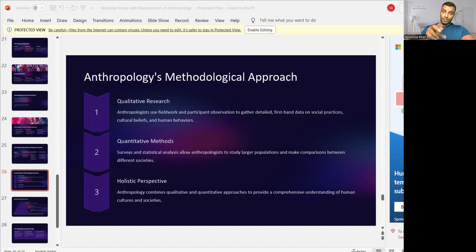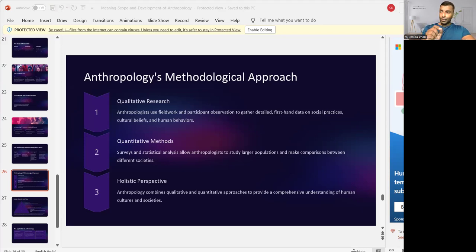They immerse themselves in the communities they study. With that immersive approach, anthropologists get detailed first-hand data on social practices, cultural beliefs, and human behaviors: what they do, how they do it, why they do certain practices, and everything.